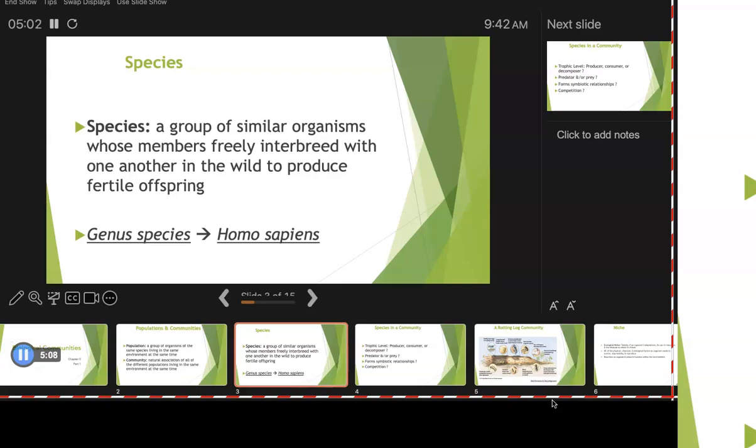All right, I mentioned this. We didn't have a slide for it before. I think we got into the donkey and mule and horse conversation. So what is a species? A species is a group of similar organisms whose members freely interbreed with one another in the wild to produce fertile offspring. Hence why you can have a doodle and all those other variations that are out there, right?